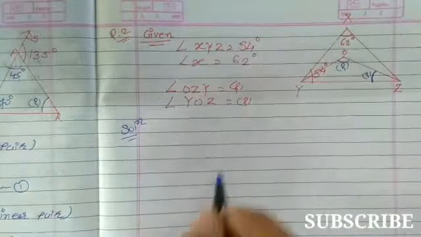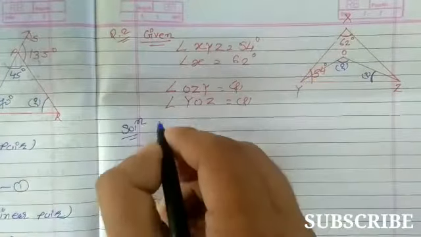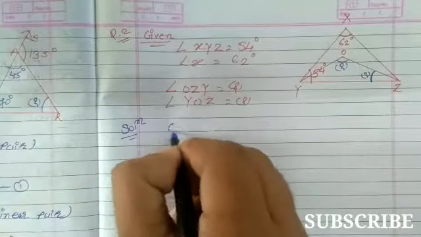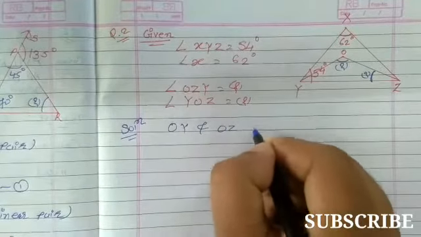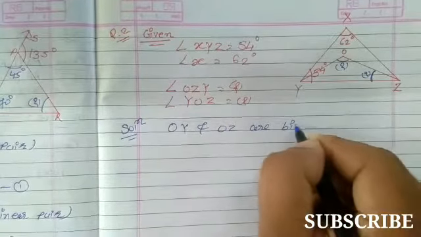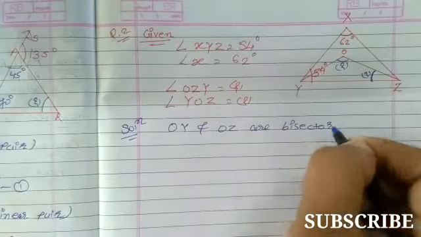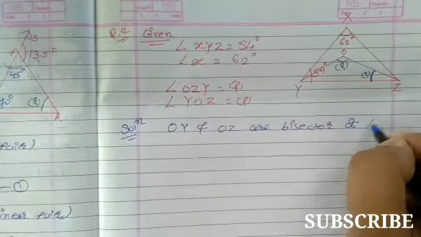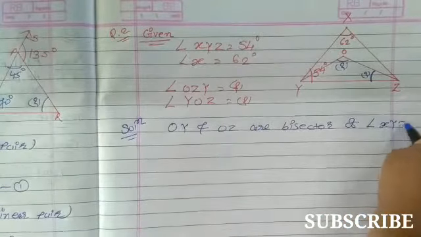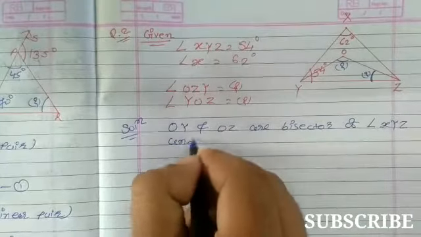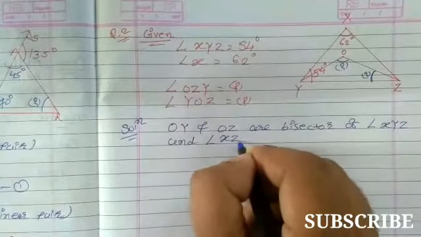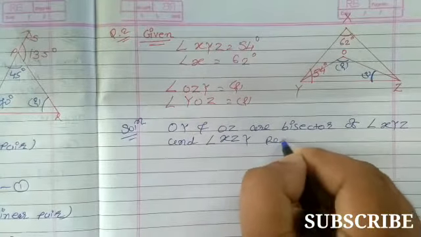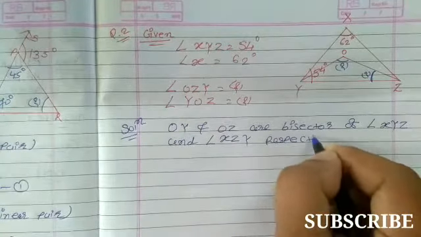Now write down the solution. OY and OZ are bisectors of angle XYZ and angle XZY respectively.